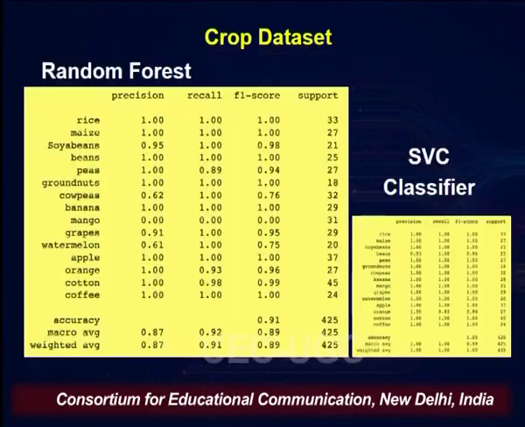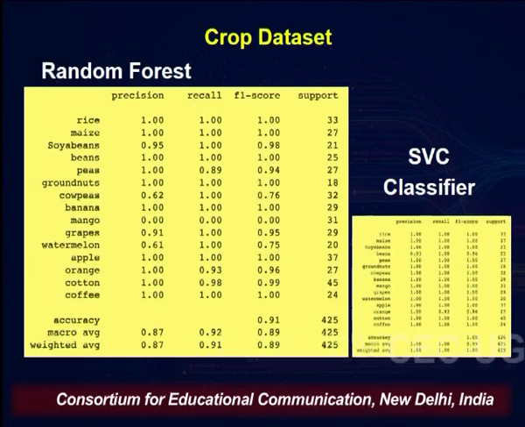If we have the crop data set like this, we can have different classifiers on the same data set, and we can have all sorts of performance evaluation metrics like accuracy, precision, recall, and all those things.